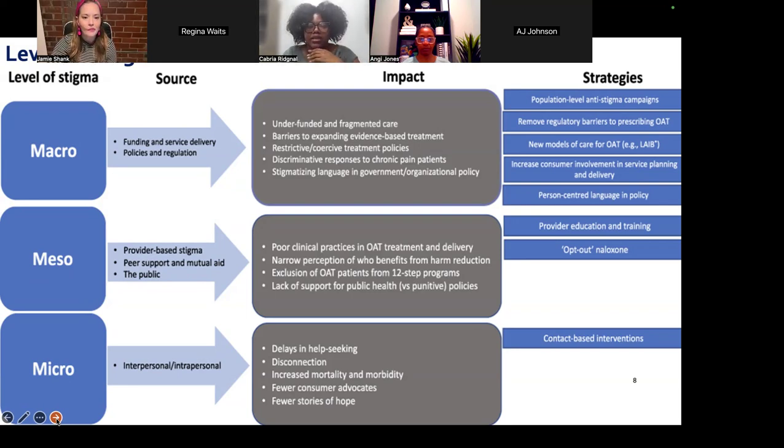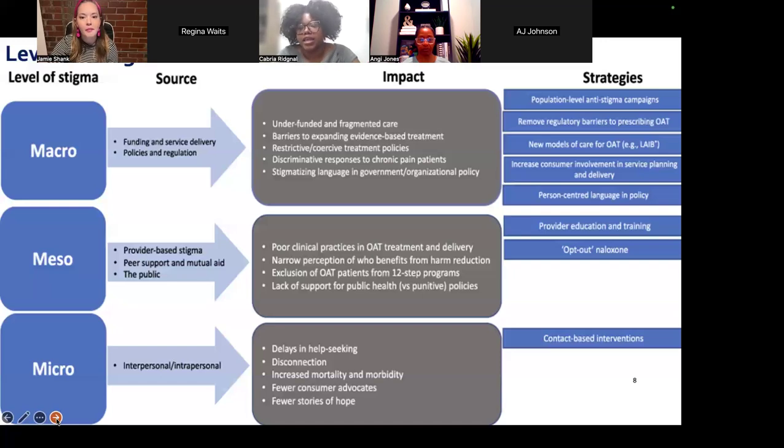So that means macro is in the continuum as things such as policies and regulation, all the way down to provider-based stigma and places where people receive care. And then the next step would be personal or interpersonal, and sometimes referred to as internal.